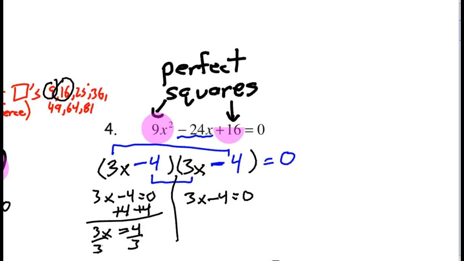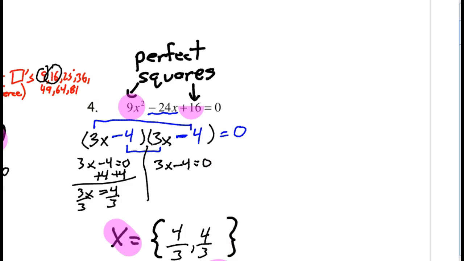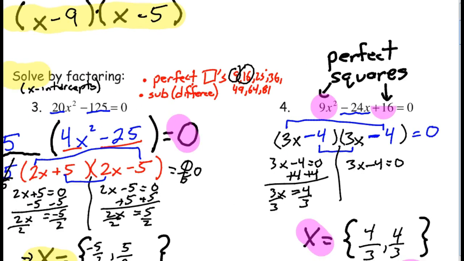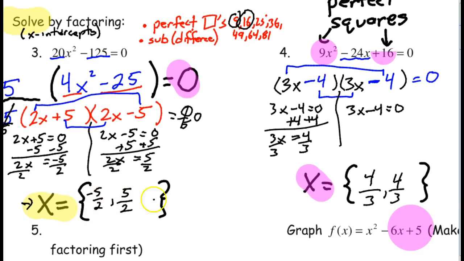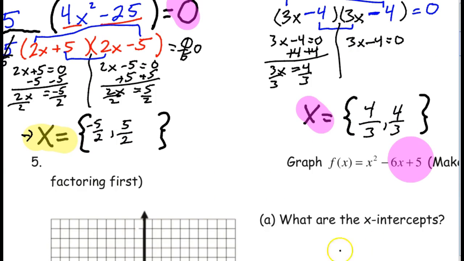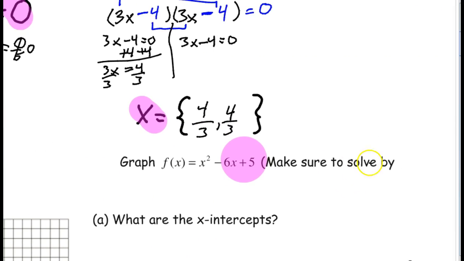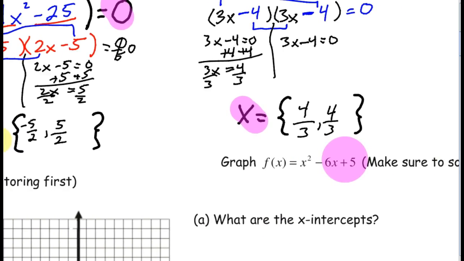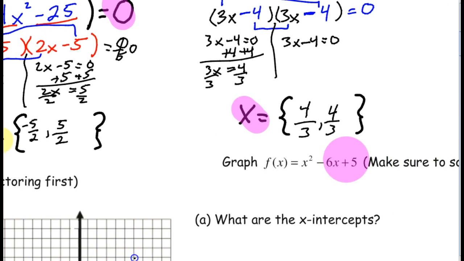Let's go ahead and do some graphing with it. Again, the solving part actually gave us the x-intercepts. So if we were to graph this, these would be important numbers to use. And that's where this starts first and actually tells you to make sure you solve by factoring first. So the first part of number 5 is really just to do what we did in number 3 and 4.